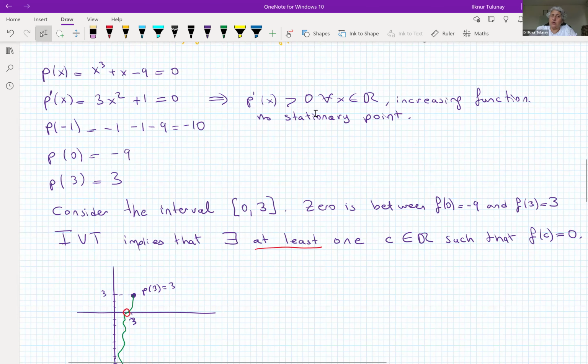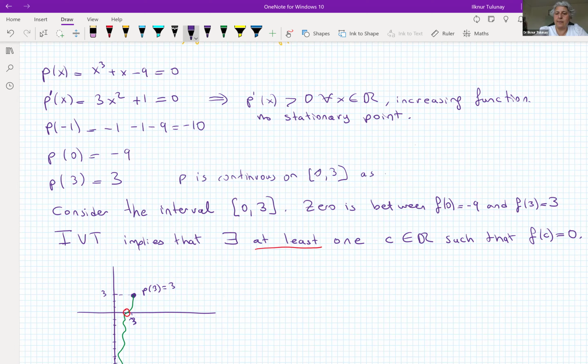Also, P is a polynomial. What we need to say here, actually, is that P is continuous on [0, 3], as every polynomial is continuous everywhere.